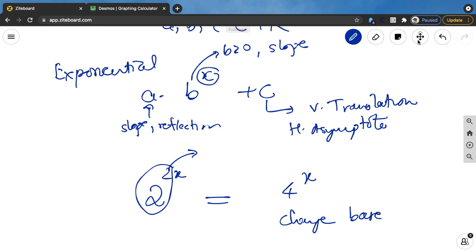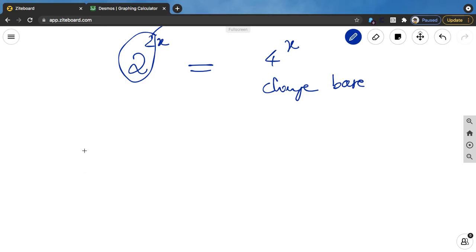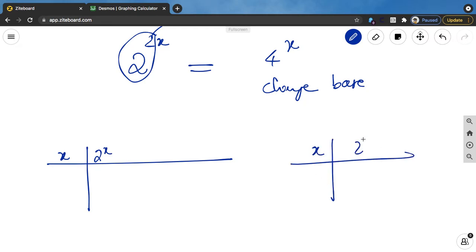There is another way of looking at it. For x equal to 0, this is 1. For x equal to 1, this is 2. For x equal to 2, this is 4. For 3, it is 8. If I want the same y values, if I want 2, I only need x as half.